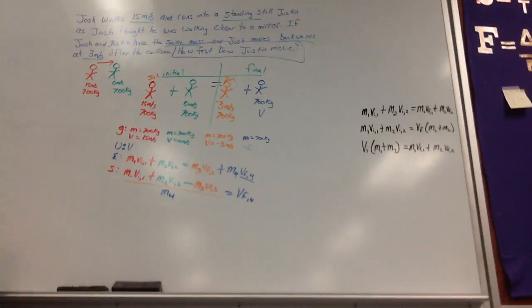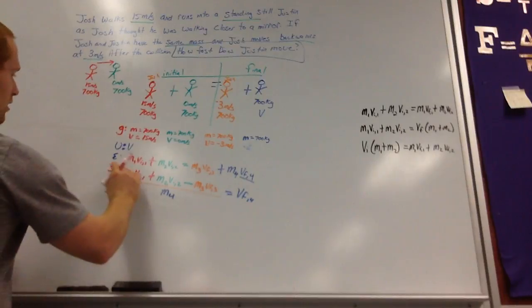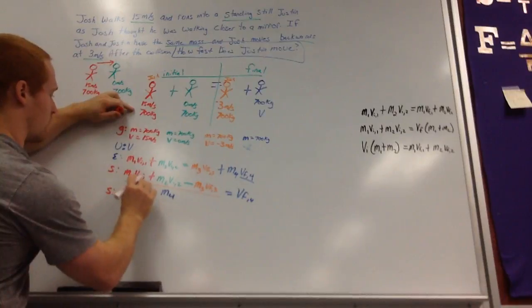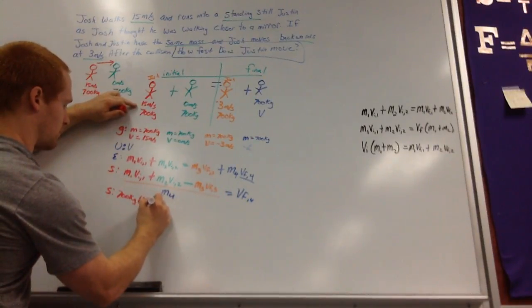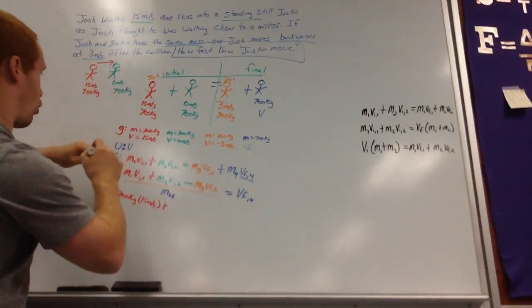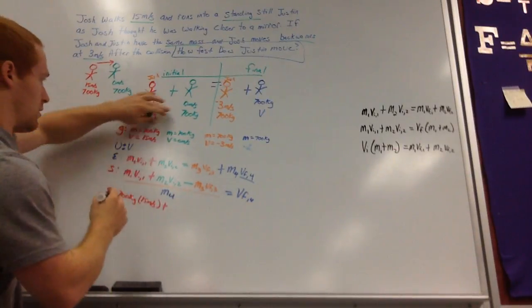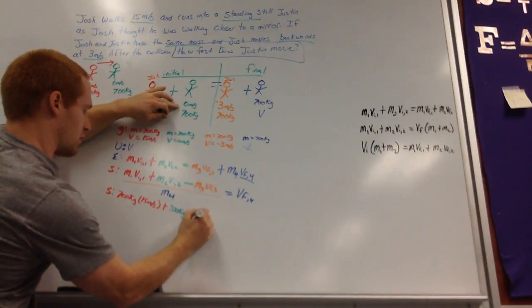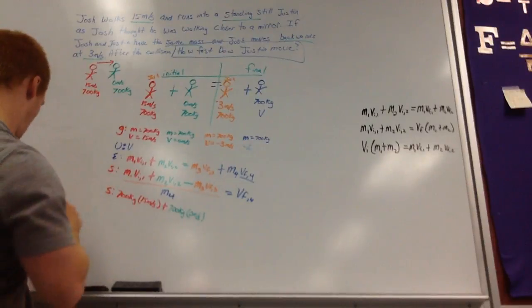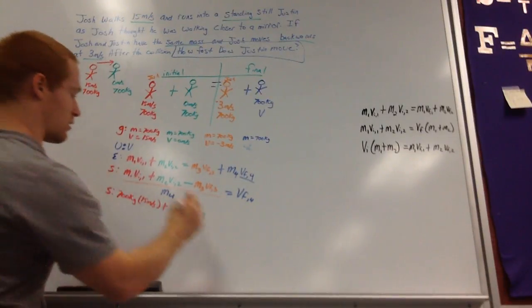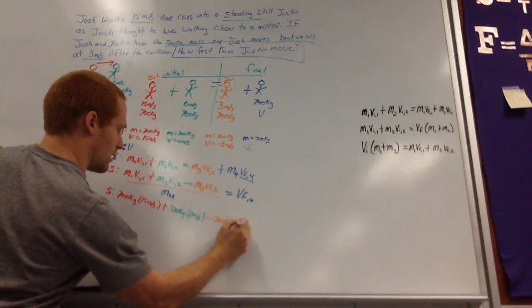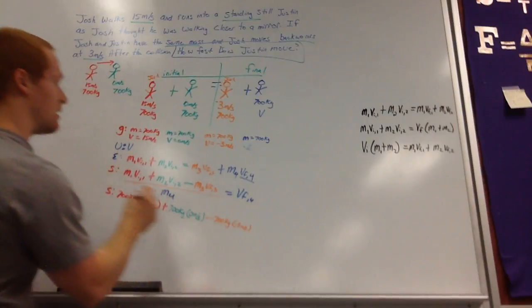So our last portion is just substitution. We're just going to substitute in from here. So we're just going to take the red, we get the numbers from here, so it would be 700 kilograms. Velocity of red would be 15 meters per second. Plus the green object, 700 kilograms. Velocity is 0 meters per second. Now we're going to subtract. So we're going to subtract mass is 700 kilograms, -3 meters per second is the velocity.